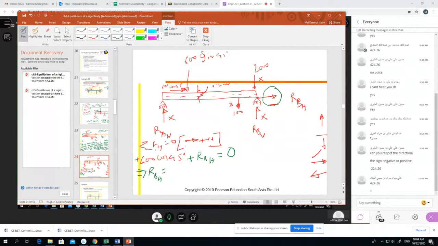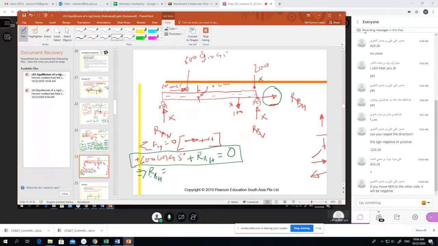Plus? How come it's plus? How come from this equation the result is plus? Tell me. Yes, from the equation it is negative. So what is the result? It is negative, so it is minus.